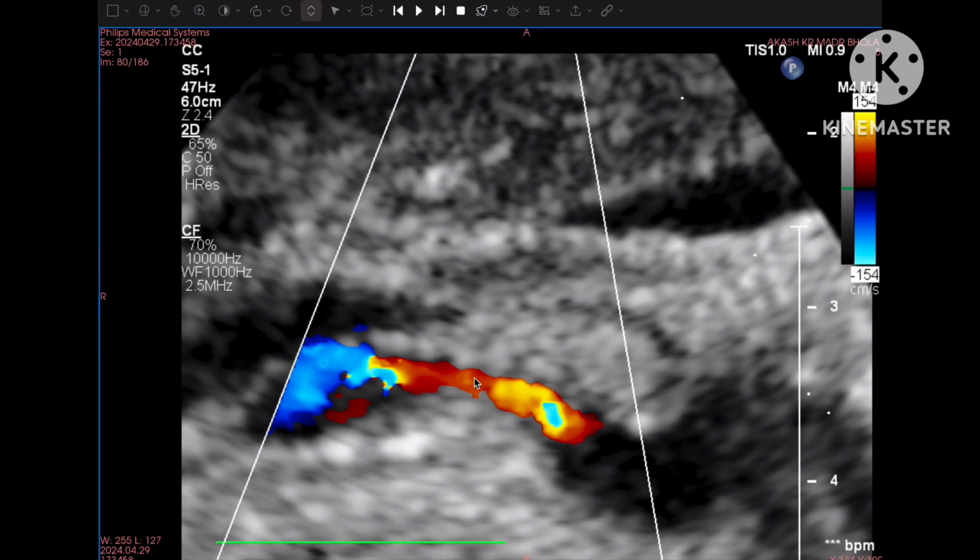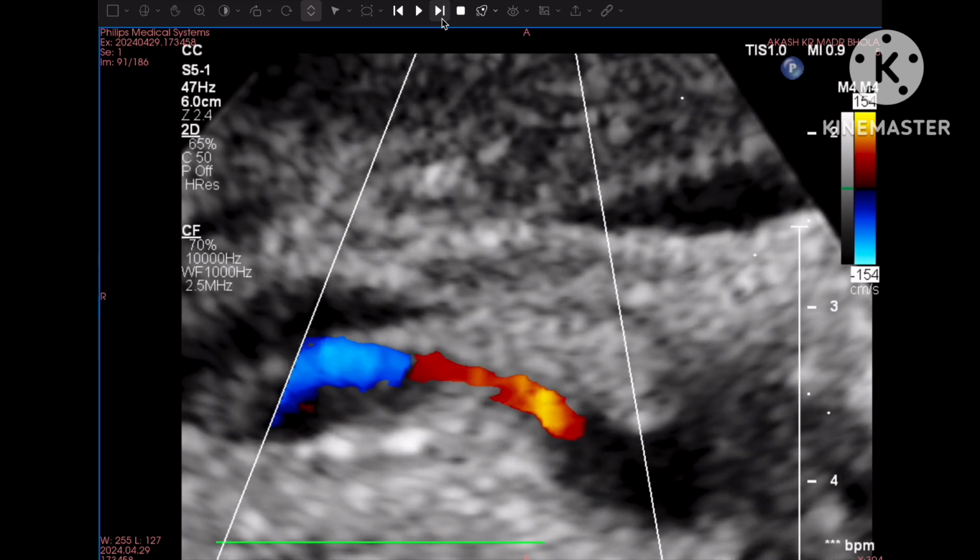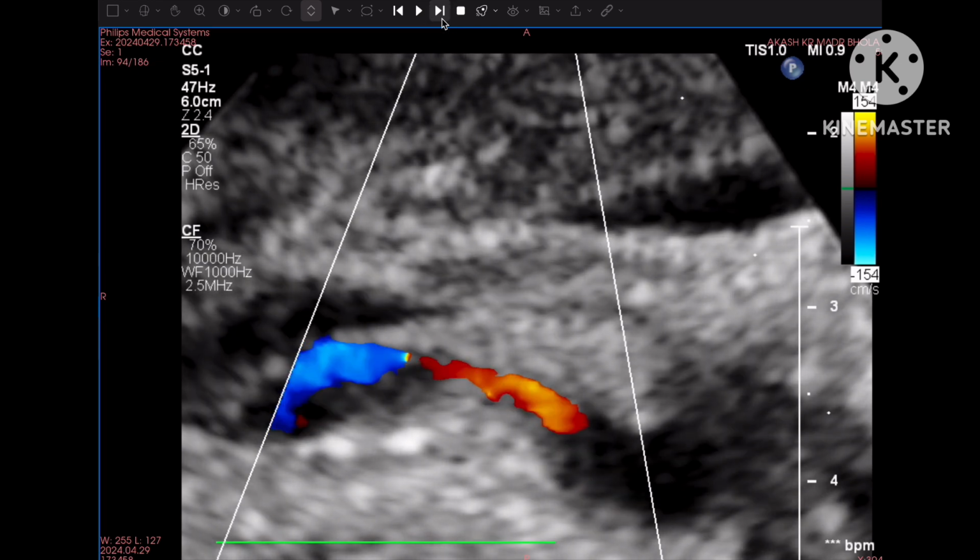You can see. So this is the case of fibromuscular dysplasia.